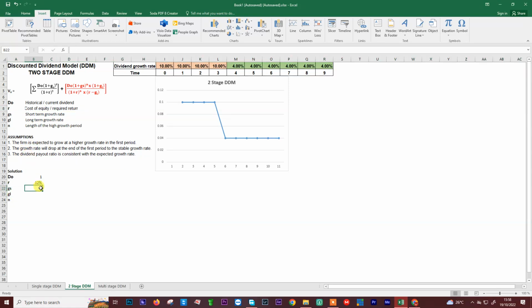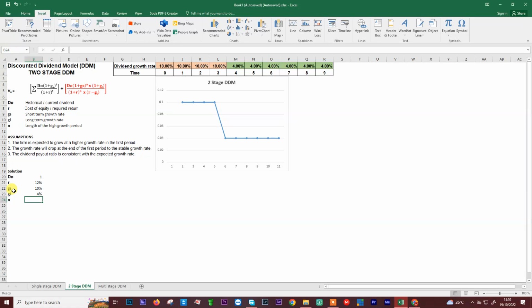So the GS was what I was explaining, 10%. Pardon me for that. Then the GL represents the growth rate in the long term, which is 4%. And then we go to the number of periods, our N right there, which represents the length of the high growth period.